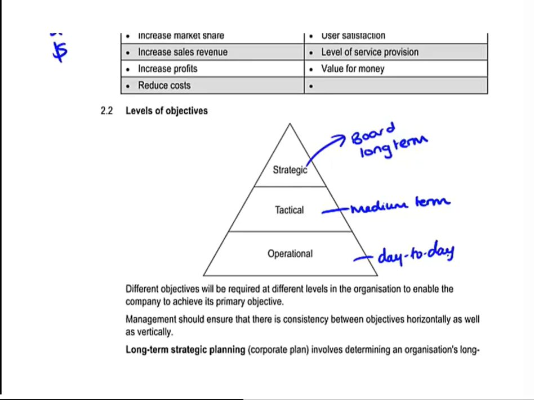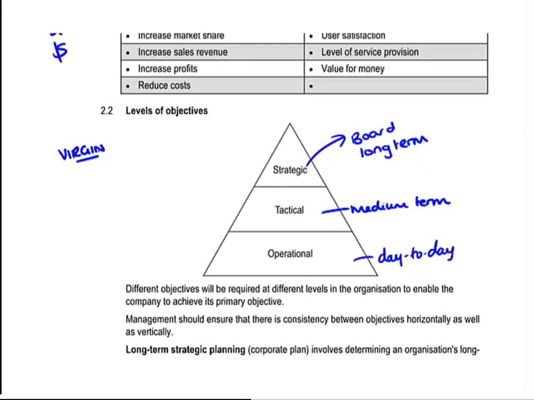operational objectives. So if we take a group like the Virgin Group, they're going to have strategic objectives using outside data, Richard Branson's creativity to think about where the organisation is going.